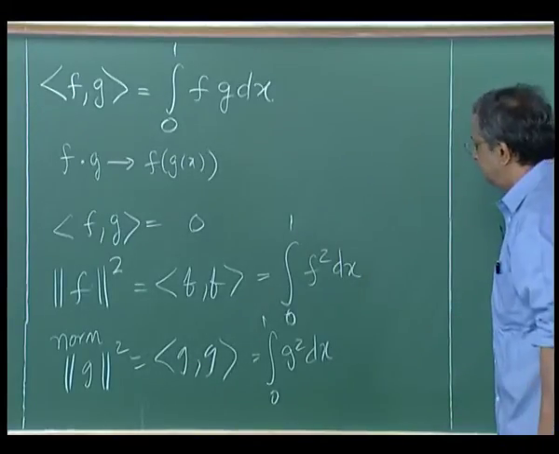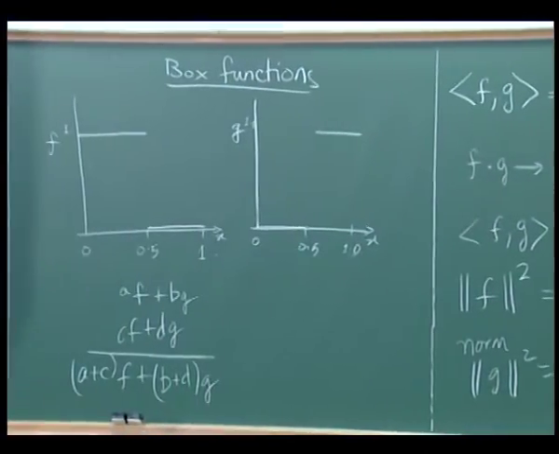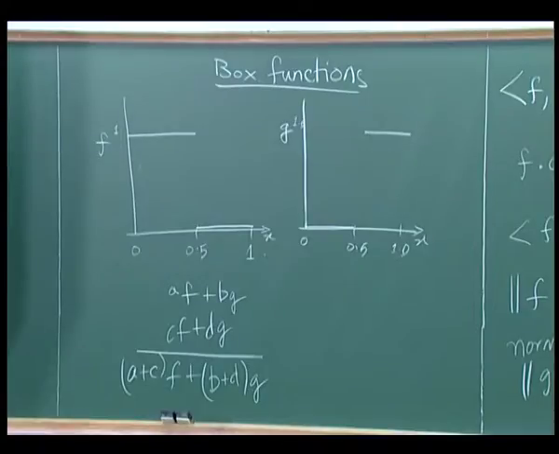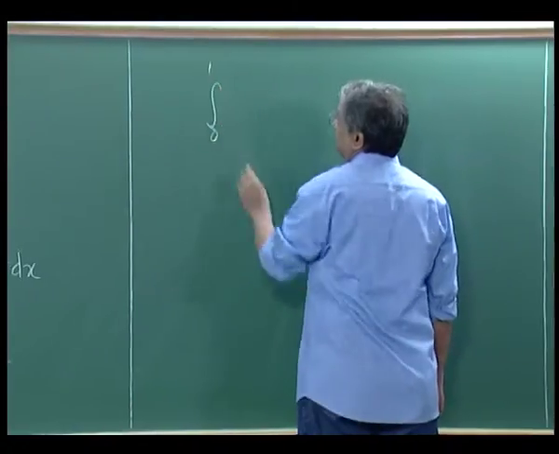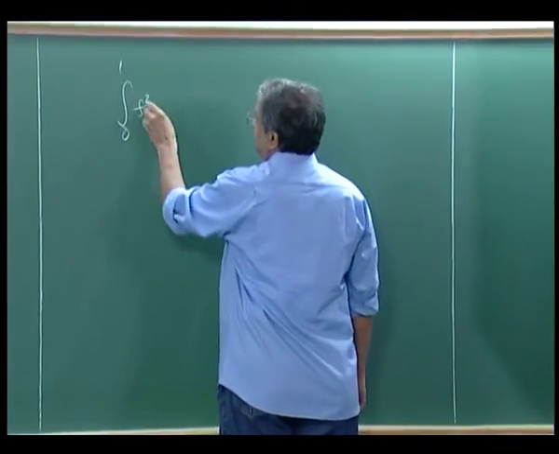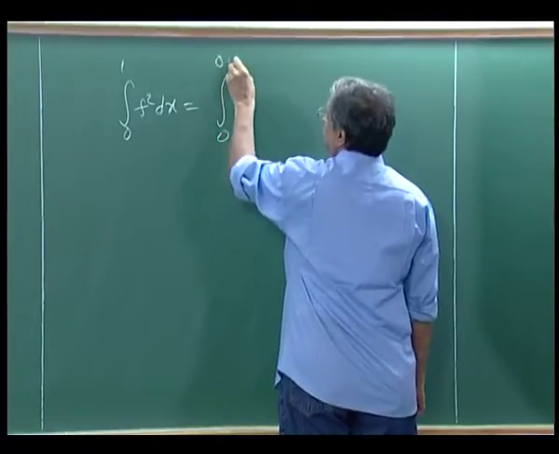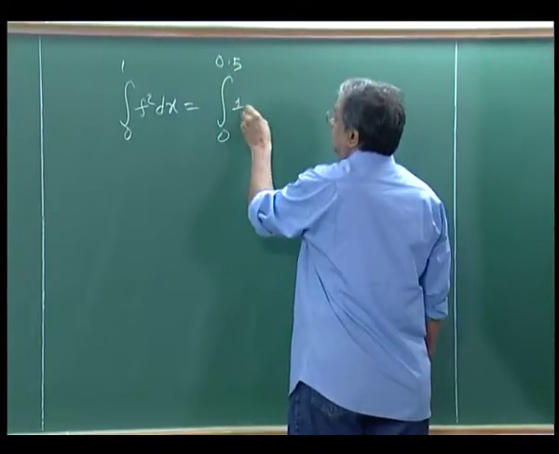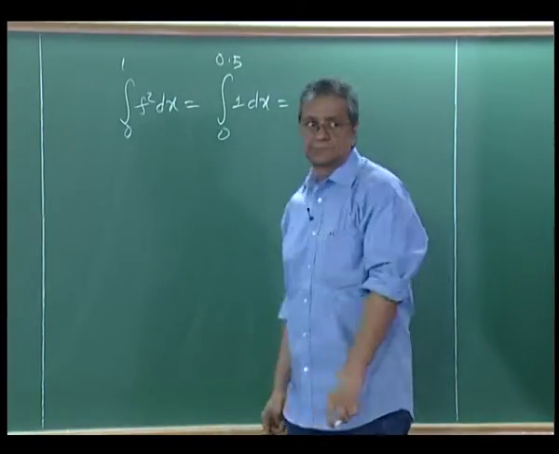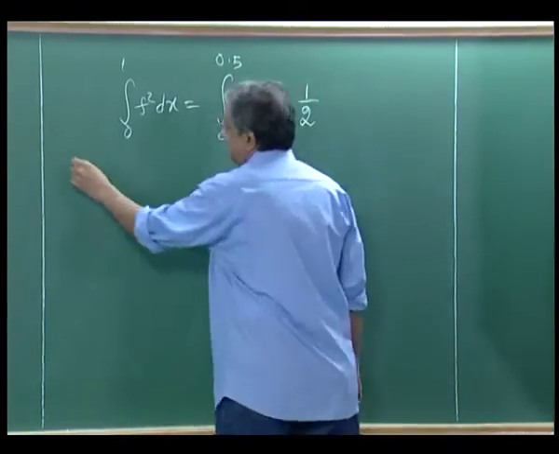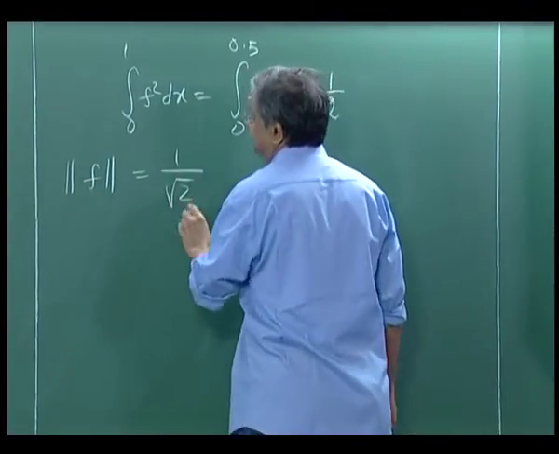It is the area under the curve, so it is clear that they should both be the same. What does this work out to? So what is the norm of f? It is the integral 0 to 1 of f squared dx, which is actually the integral 0 to 0.5 of 1 times dx, which is 1/2. Is that fine? So the norm of f in fact is 1 over square root 2.